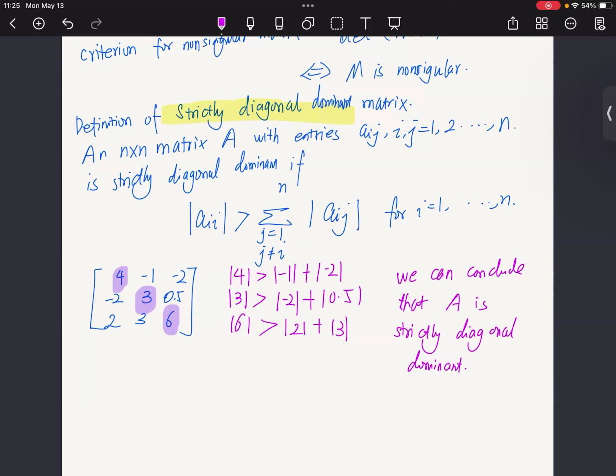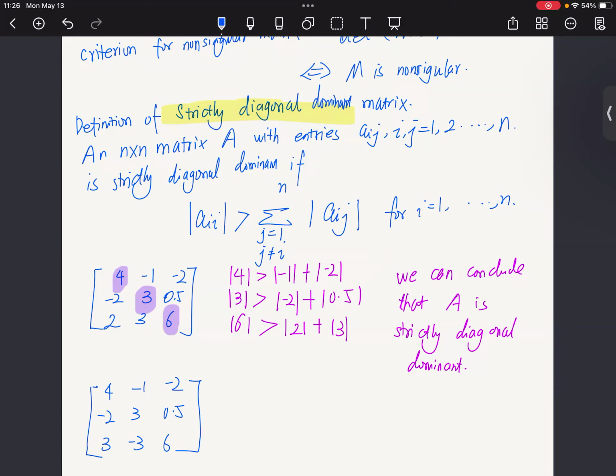I'm going to give you one example to test if a matrix is strictly diagonal dominant. All the things are the same here, but now I have this third row. So is this strictly diagonal dominant? No, I can say it with some head shaking.